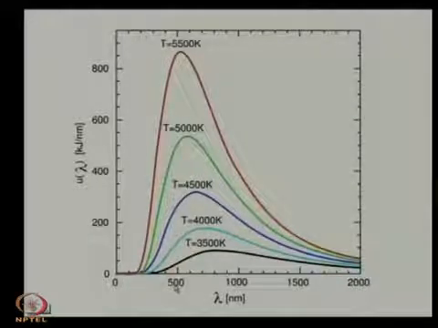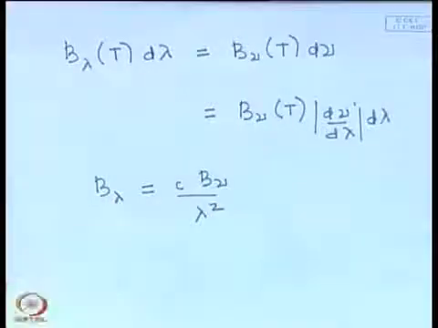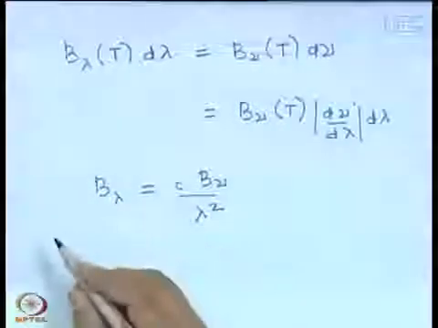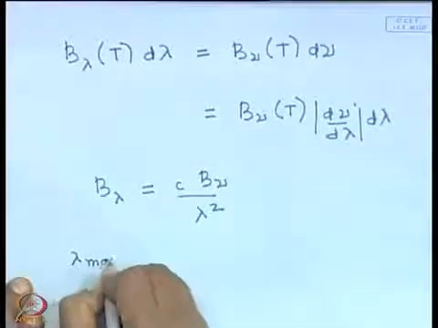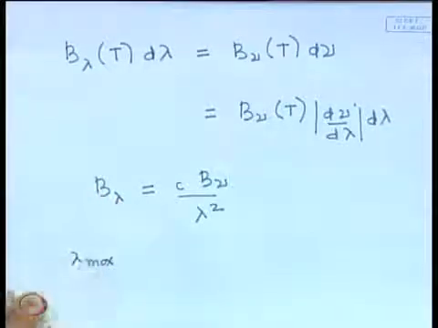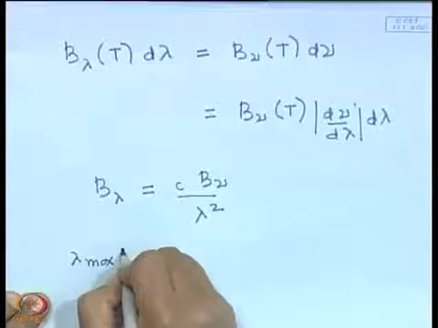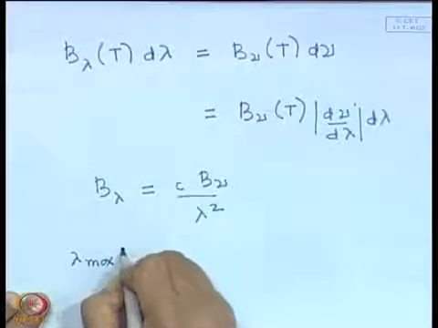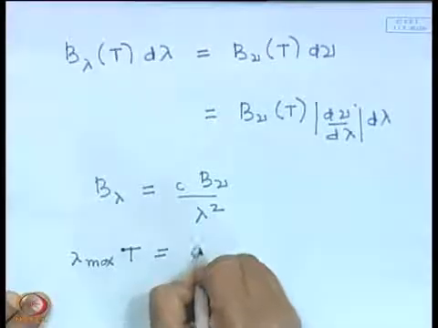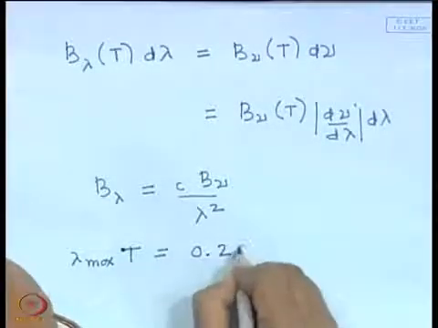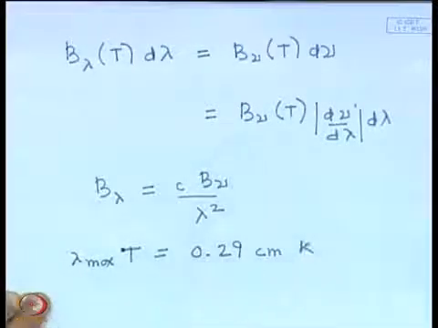Okay. So, you can differentiate this also with respect to lambda and set it equal to 0, and then you will get a relation that lambda max, that is the wavelength where B lambda is a maximum, times the temperature T is equal to 0.29 centimeter Kelvin.